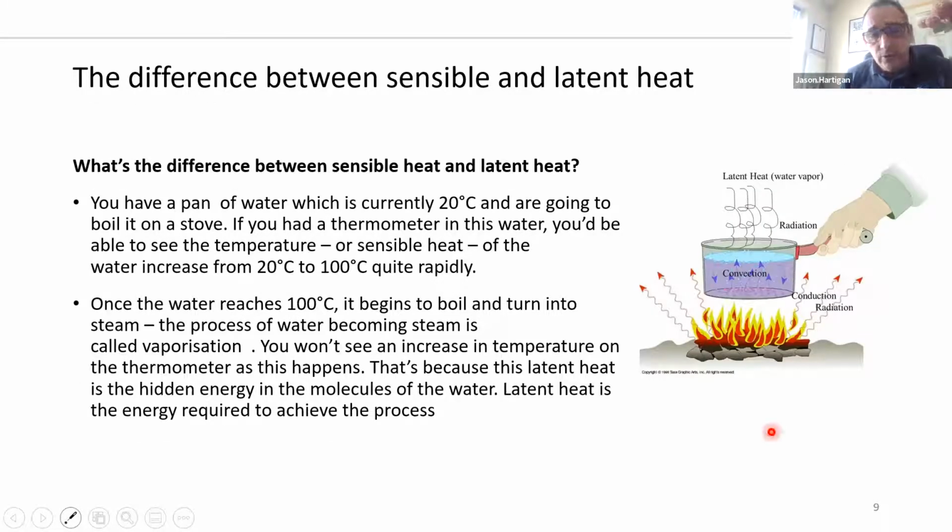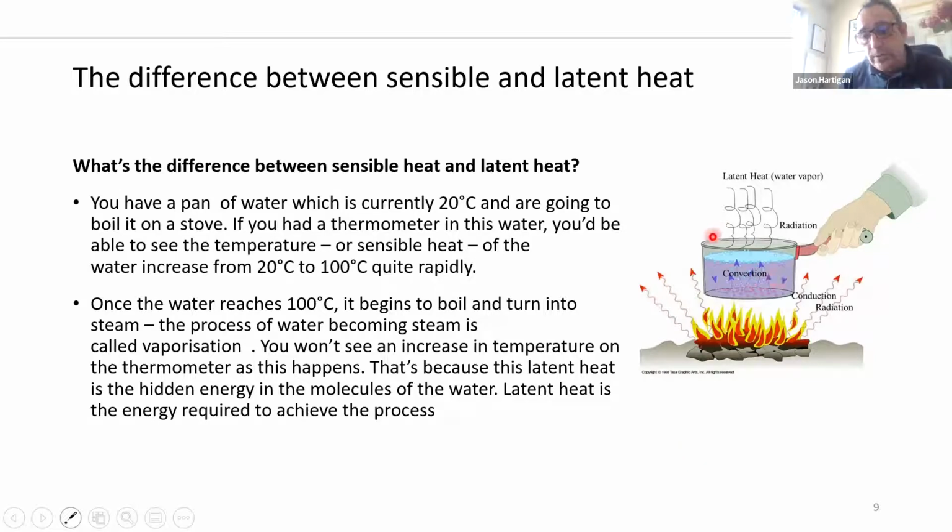Again, this is a really good schematic that shows simply we've got sensible heat, we've got our water there, hitting a temperature, and then that latent heat changing phase into the water vapor. Now, if you had a thermometer in there, it wouldn't go above 100 degrees C. You won't see an increase in the temperature, and that's because the latent heat, the hidden energy in the molecules of the water, is mixing, so the latent heat is the energy required to achieve the process.